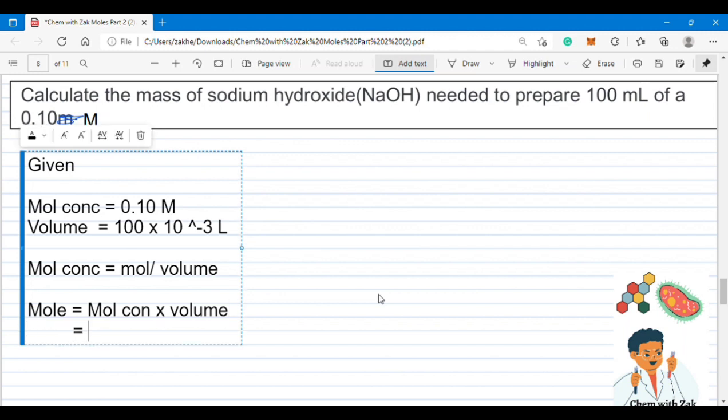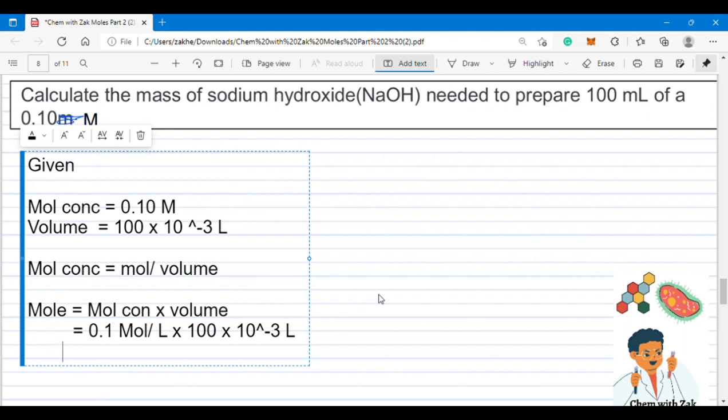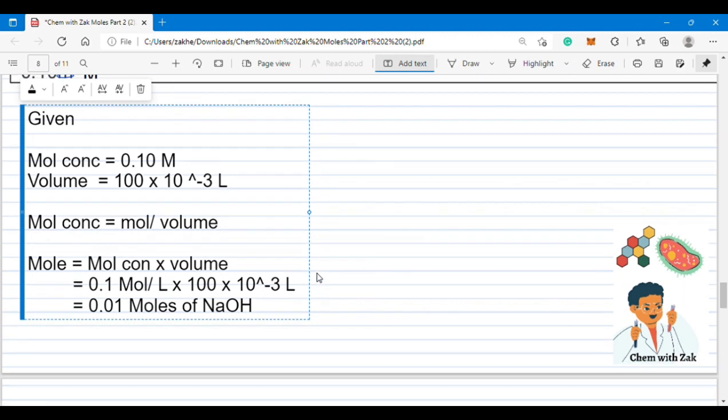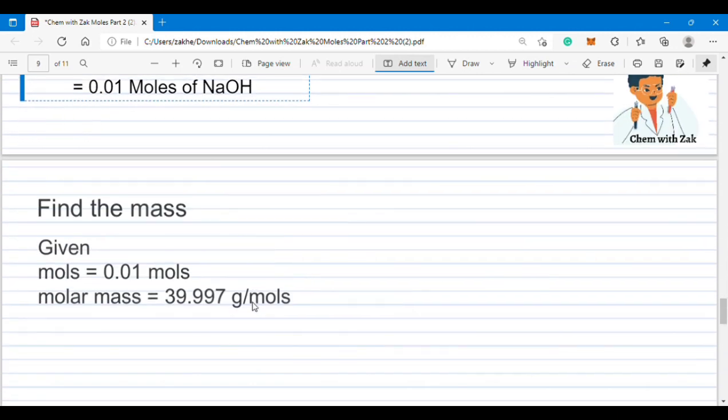And we're going to write our knowns, which is the mole concentration, 0.1 mole per liter, times 100 times 10 to the negative 3 liters. And when we put this into our calculator, we should get an answer of 0.01 moles of sodium hydroxide.